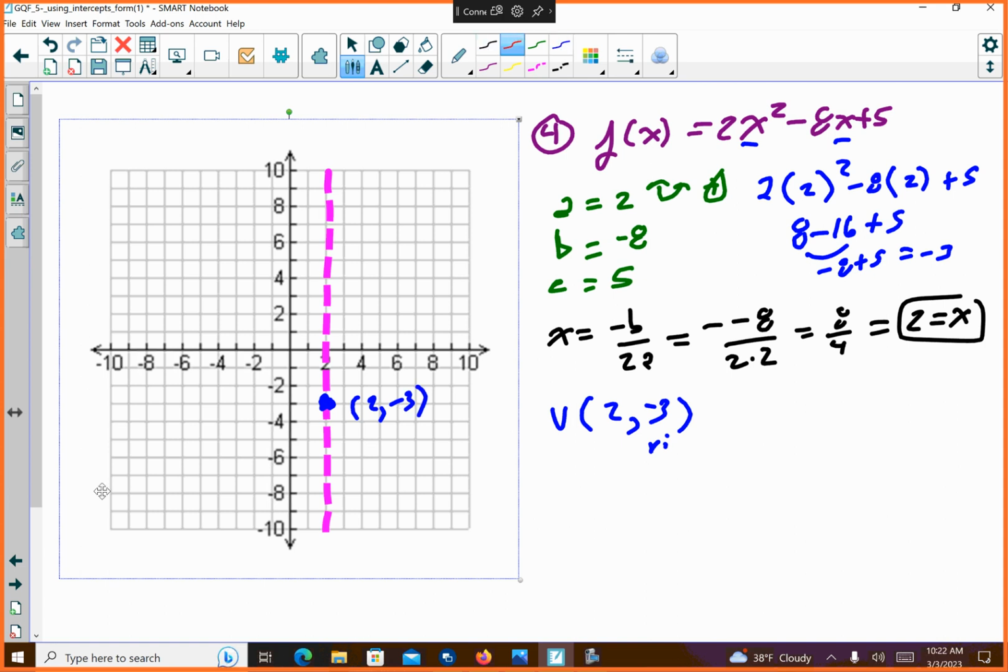Pattern graph is going to be a times 135. What's my a value? 2. So 2 times 135. So this is going to grow at 2, 6, 10. Agree? So I'm still going to go right 1, but I'm going to go up 2. That takes me to 3, negative 1. Left 1, up 2. That takes me to 1, negative 1.